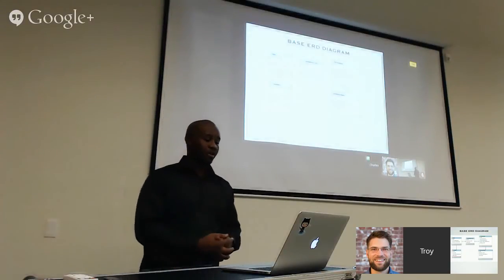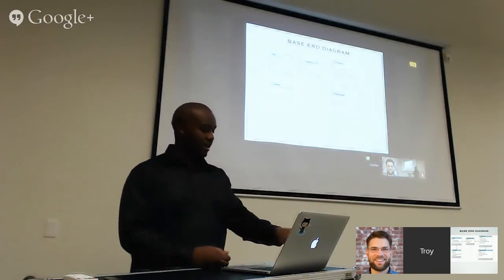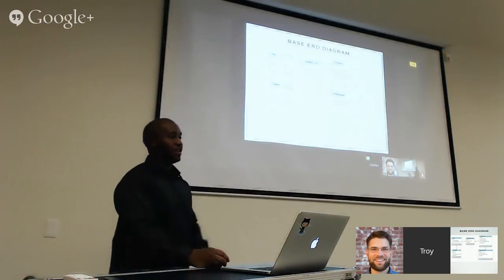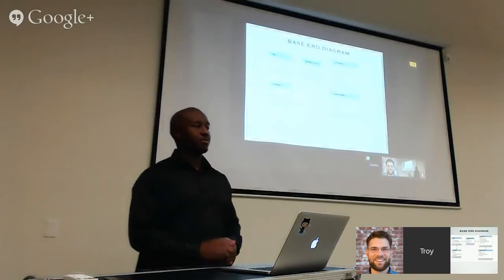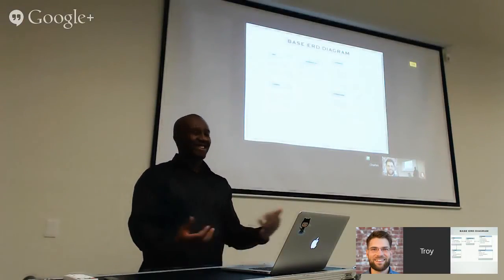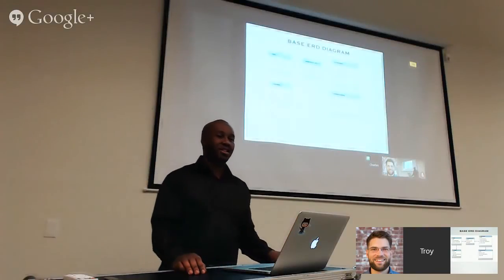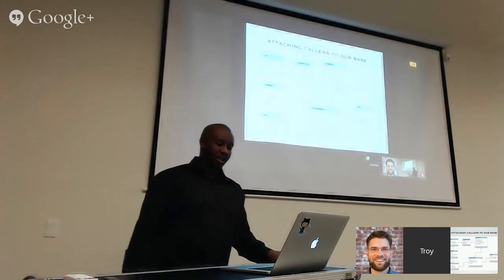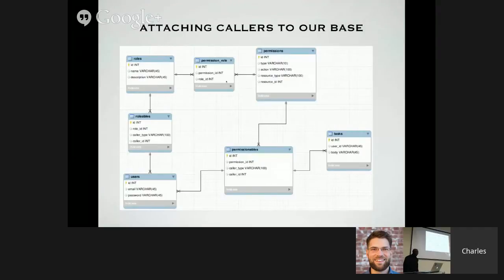But if I say rollables, then I can have a caller type and a caller ID, and I can attach a user to it, or a ham sandwich maker, or an organization. I can do the same on permissions as well, attaching users to permissions through permissionables.